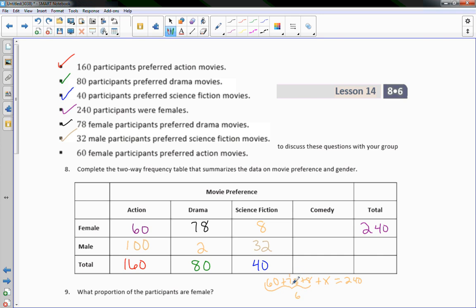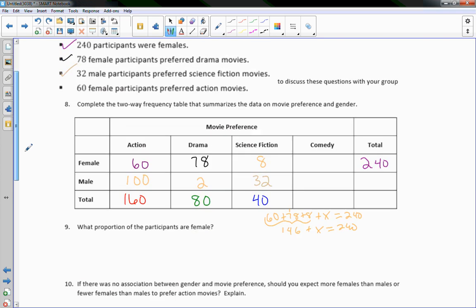Carry the 1. 8 plus 6 is 14. That is 146 plus x equals 240. I would subtract 146 from both sides, and that is 94.